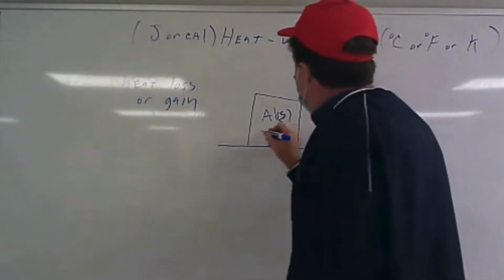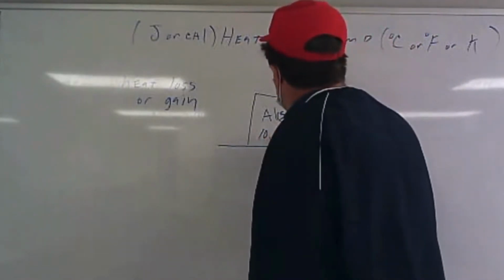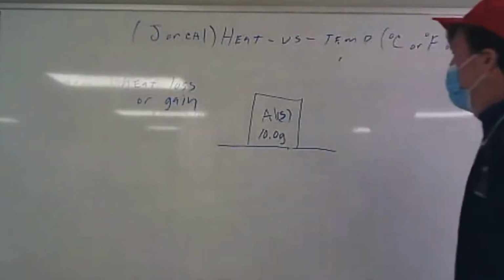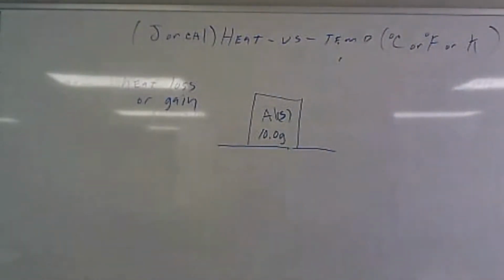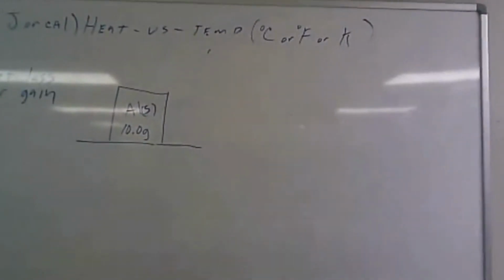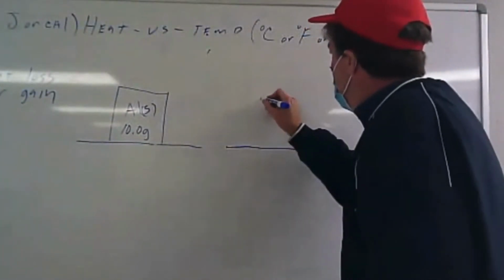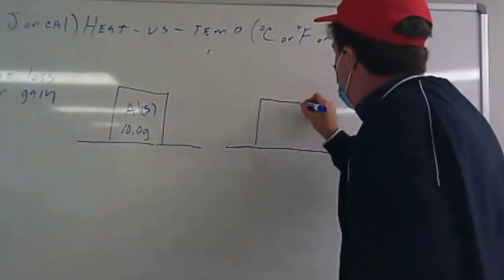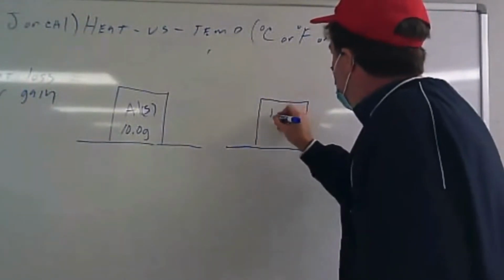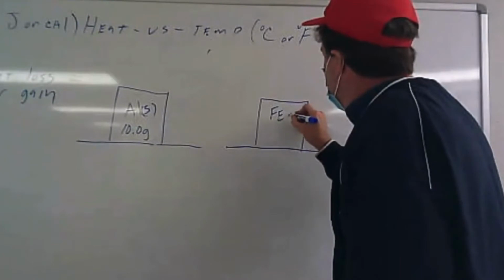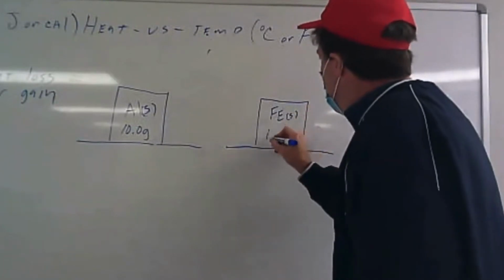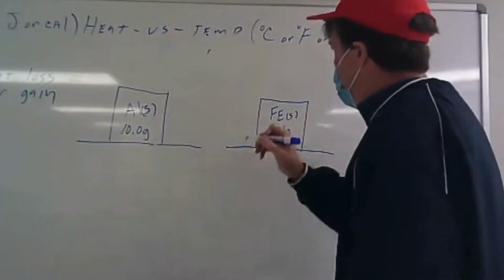And let's say we have 10.0 grams. Now here we have an equal mass of iron solid, and we have 10.0 grams.